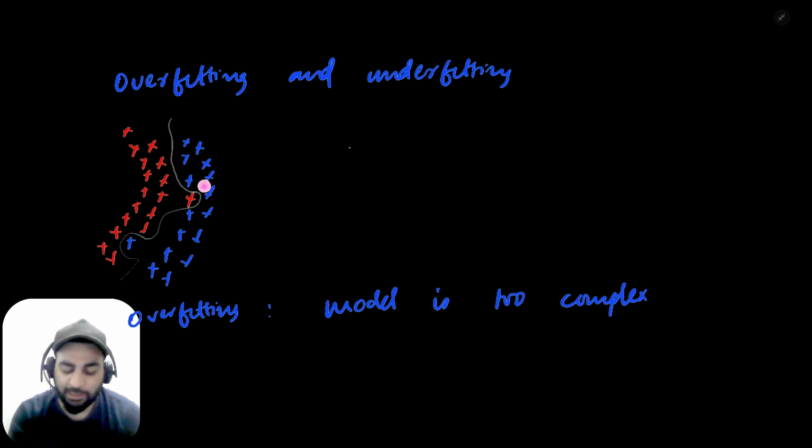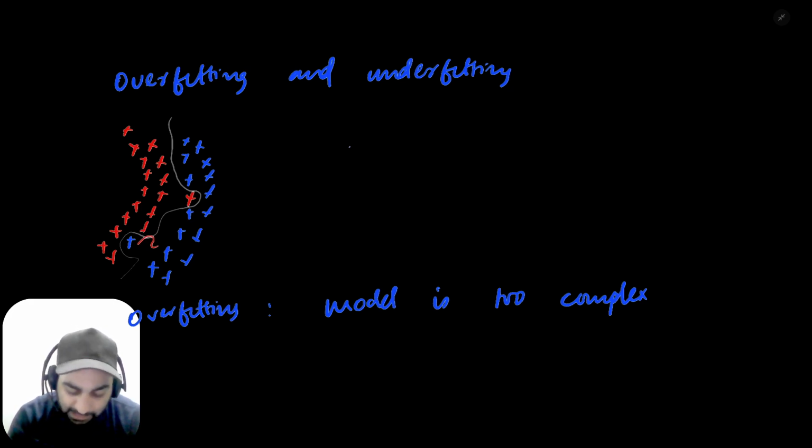Here we're okay if these 2 points were misclassified. But if a point is like this, obviously it should be considered red, but if you ask this classifier, it will say it is a blue point, because it even captured the noise.